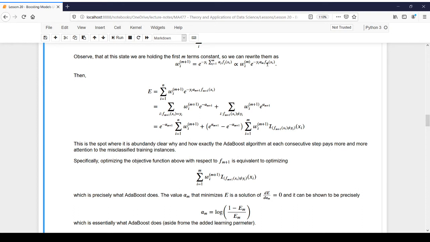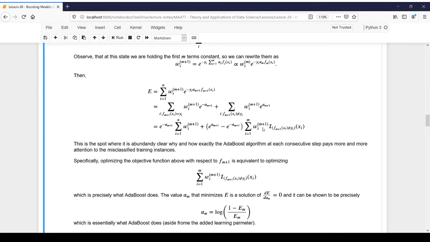It was misclassified, so this omega I m for that particular instance will be large, right? Because it will be large, it is in the best interest of the algorithm to try to make this guy 0, since it's trying to optimize this to make it as small as possible.